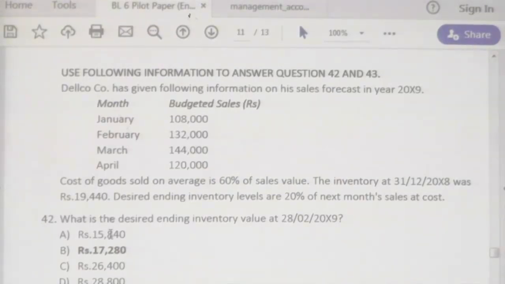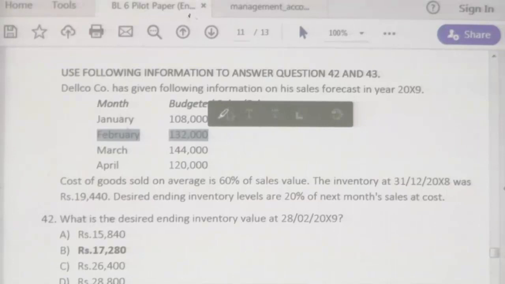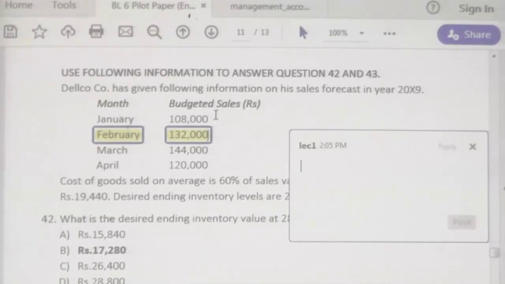Now the question is, what is the desired ending inventory, the closing inventory, of the month of February, 28/2/2019? They are asking for February end inventory, right? Each month end inventory will be 20% of the next month's sales.